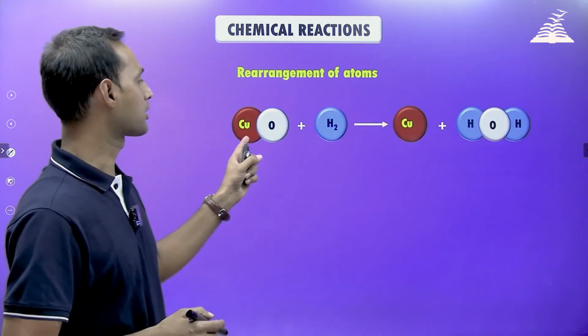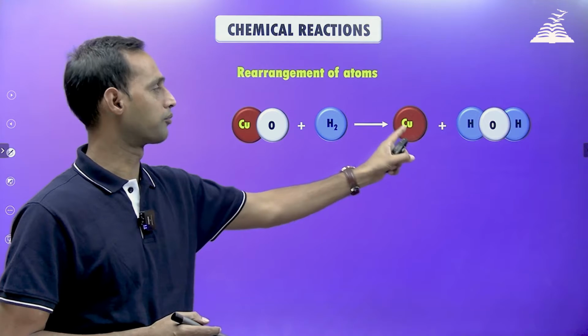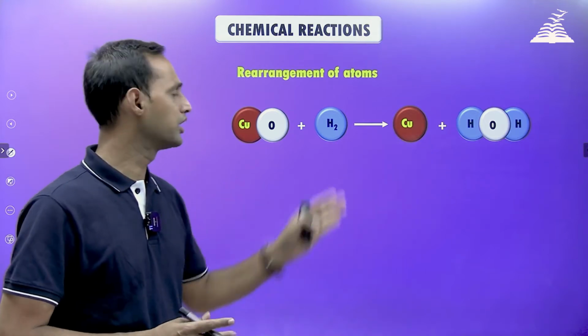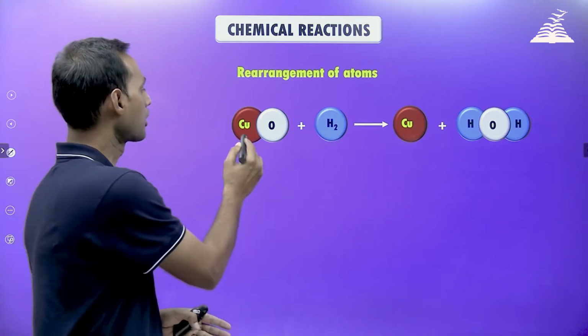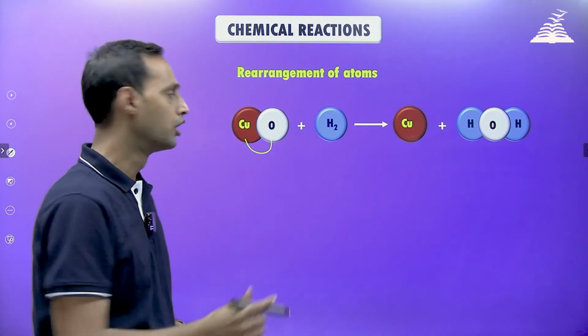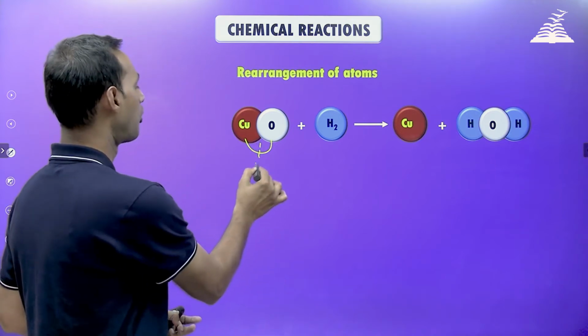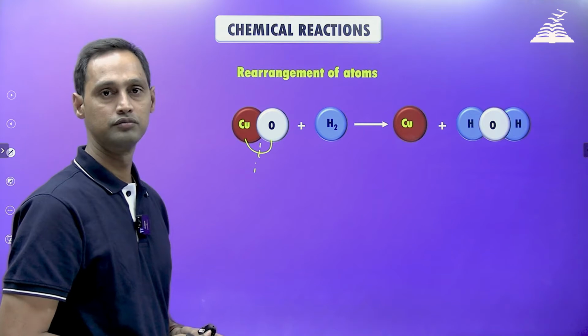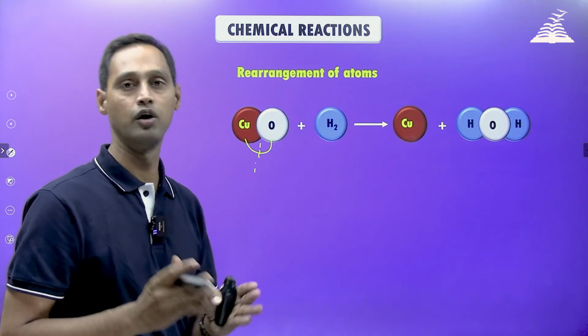See here, copper oxide reacting with hydrogen to form copper and water. What do we notice here? In copper oxide, there is a bond between copper and oxygen. So first of all, these existing bonds will break down.